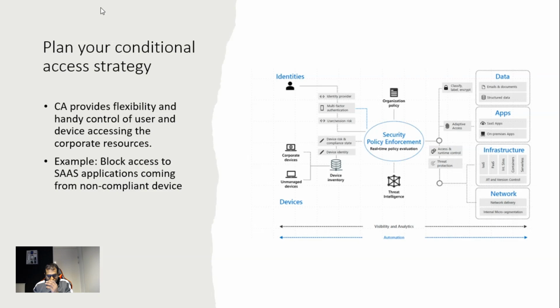If you talk about the corporate devices, you have the device risk and the compliance state. The device risk could be, for example, if Microsoft Defender for Endpoint is turned off, or if the firewall default rules are not turned on, then I'm not going to give access to my SaaS application or to my on-premise application. These are the things you would be able to implement.